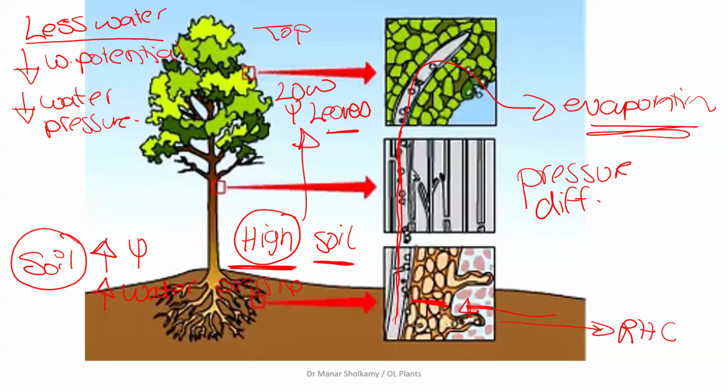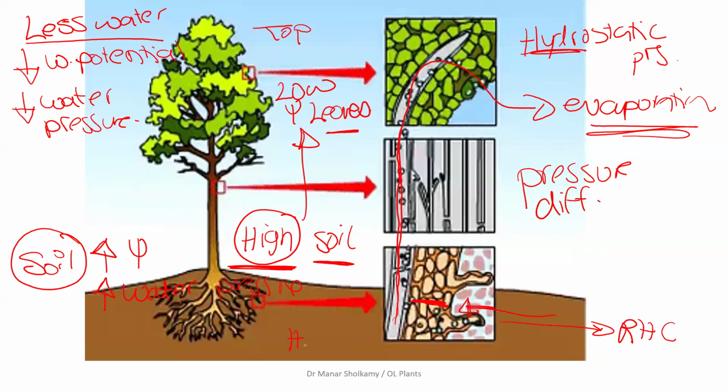That is why the water moves up the xylem. And if you want a very nice professional term, this is known as changes in hydrostatic pressure. Hydrostatic means water pressure, but you can simply write due to changes in water pressure.